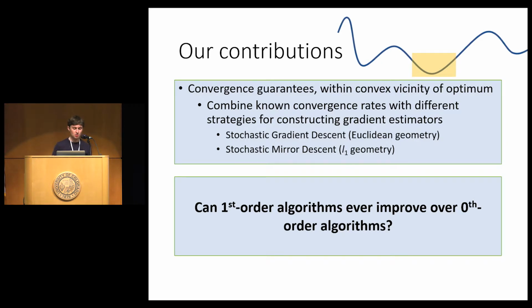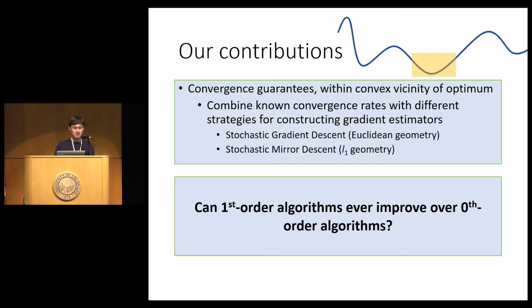I won't get into that too much, but different algorithms work better with different strategies for constructing gradient estimators. We're particularly focusing on stochastic gradient descent and also a generalization to non-Euclidean geometries called stochastic mirror descent. We consider a version of that algorithm which is appropriate for an L1 geometry.